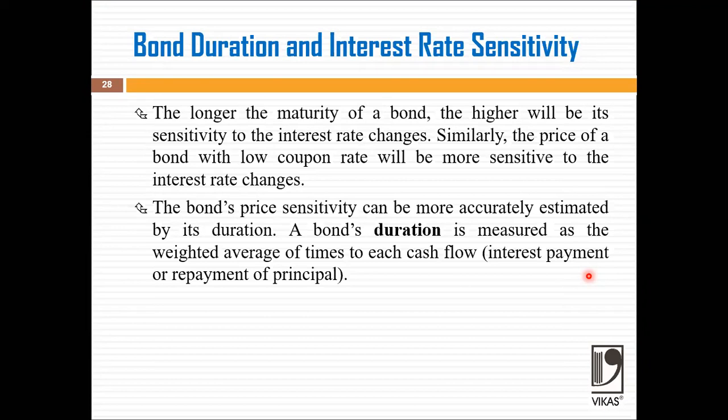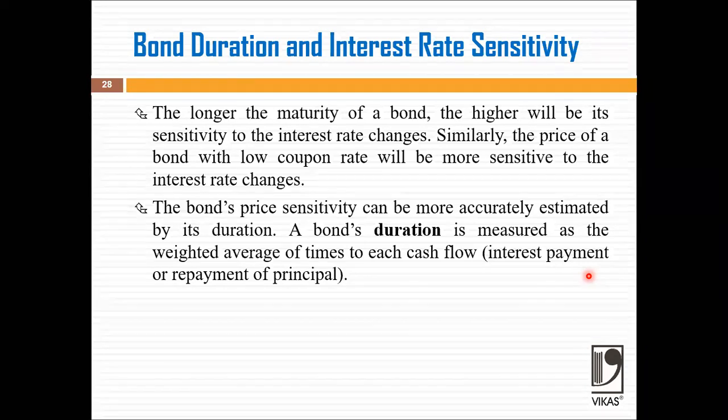For the long maturity bond, having a high sensitivity to interest rate. Similarly, the price of a bond with low coupon rate will be more sensitive to the interest rate changes.